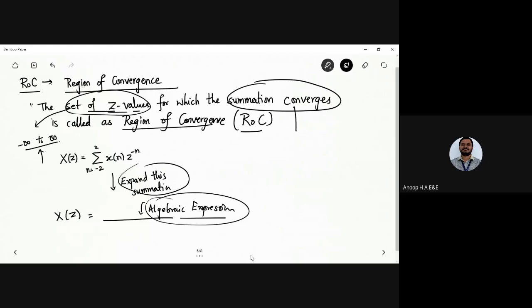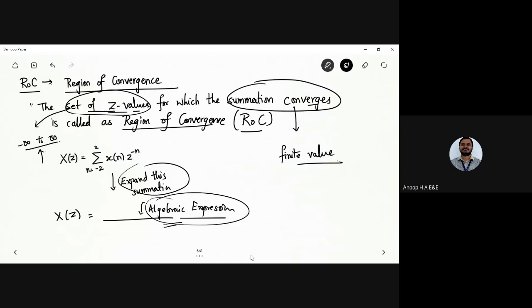Once I take the summation of this algebraic expression, you say it is converging, so it has a finite value. That is what we generally come across.